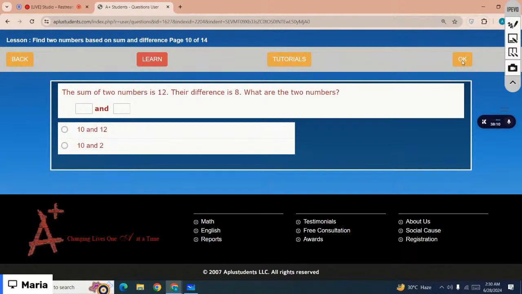The sum of two numbers is 12 and their difference is 8. What are the two numbers? Which is the correct option?